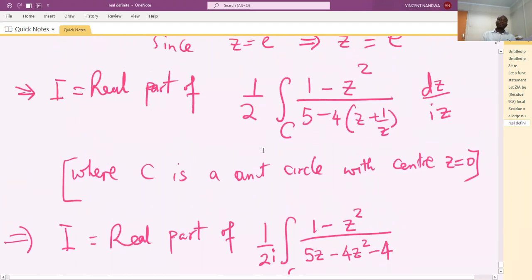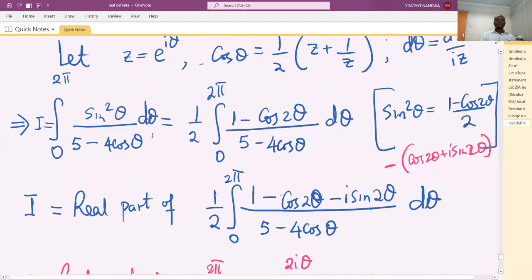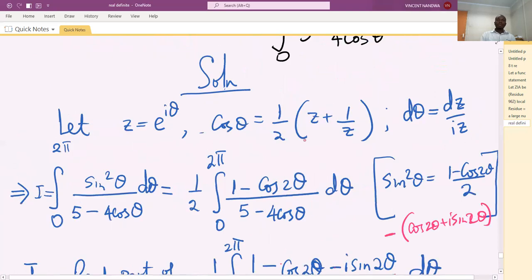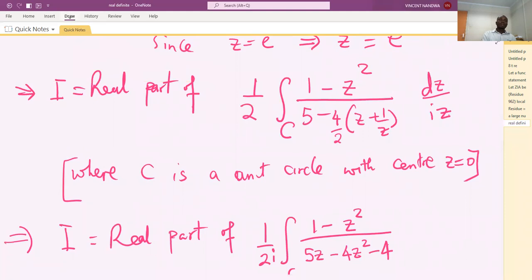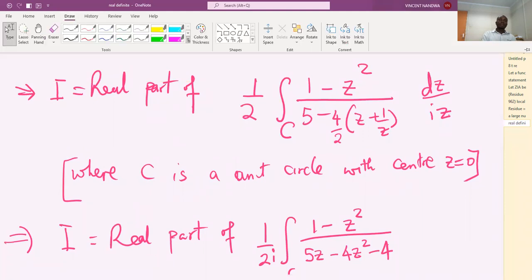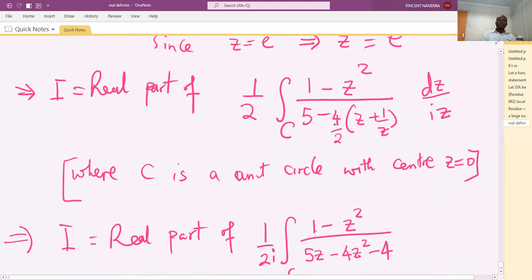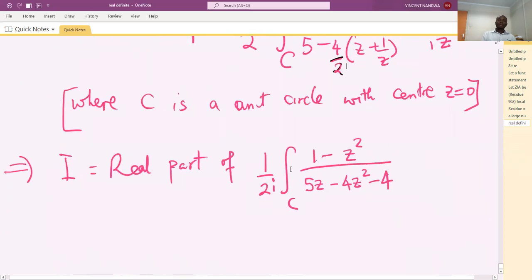But you see, then there's a 2. Because remember, cosine theta from what you have defined here has a half. So you need to factor that half outside. So there's a 4 over 2 here. So then this is over 2, this also over 2. And then we have dz.